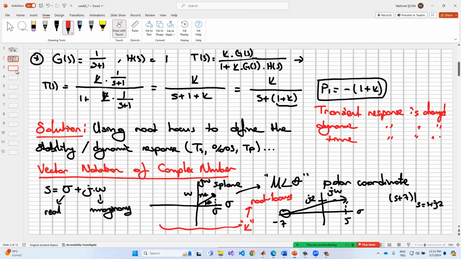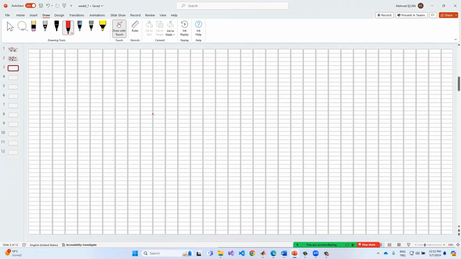Okay, if you don't have any question, then we can give some simple example in order to understand the root locus techniques.